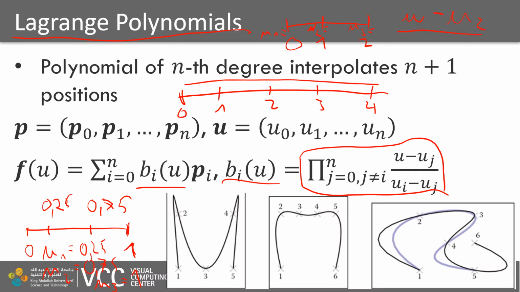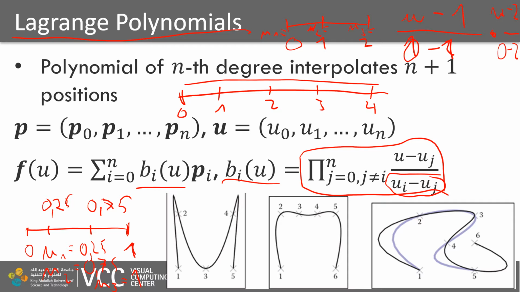Instead of u2, we can directly put there the value 1, so u minus 1, and in the denominator we will have the value 1 minus 2, or 0 minus 1, times the other term, which is u minus 2, and again in the denominator it will be 0 minus 2. So this will be the first term of our Lagrange polynomial.